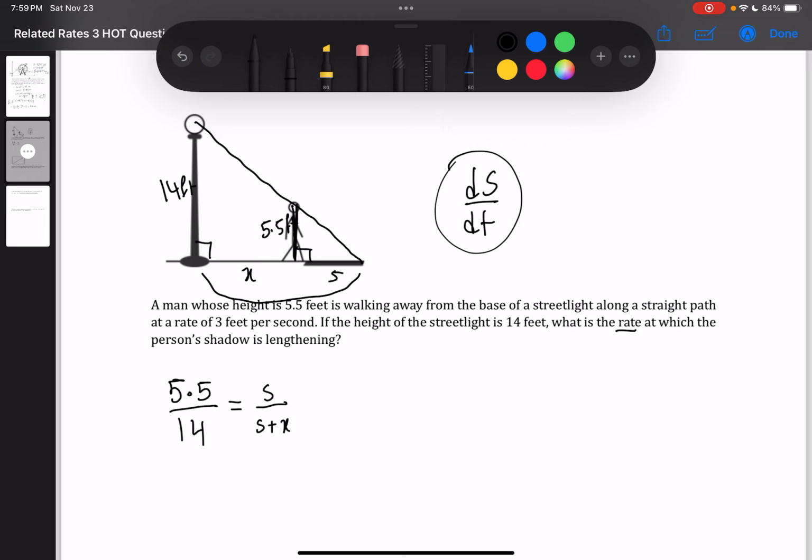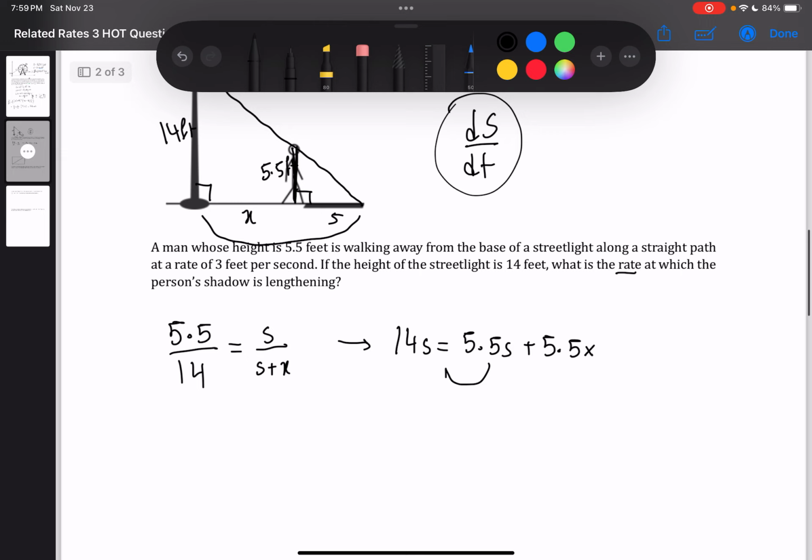So now we are able to find s in terms of x in this case. So we're going to cross multiply. We're going to get 14s equals 5.5s plus 5.5x.